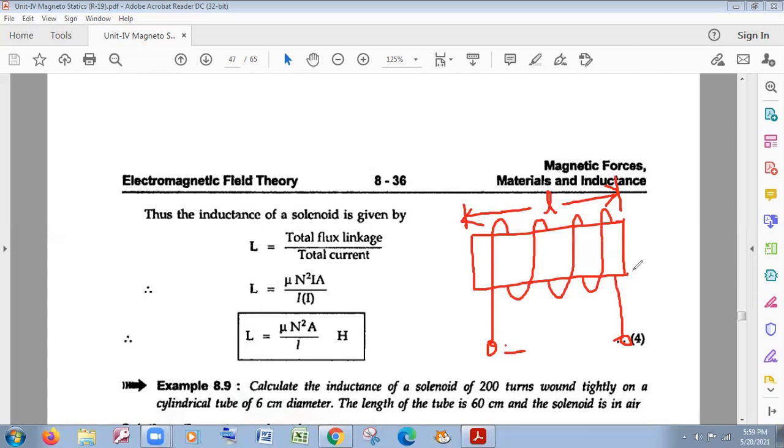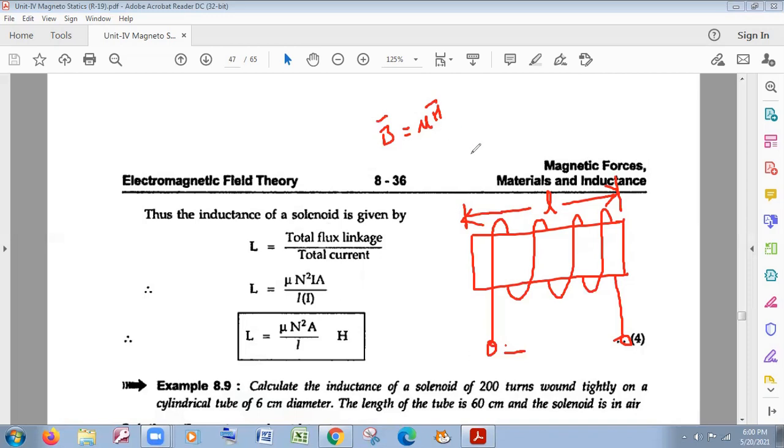Now the inductance of this solenoid: the length of the solenoid is l, and total flux linkage depends upon the number of turns and the area of the solenoid. B is nothing but mu into H, that is, B bar is equal to mu into H bar.